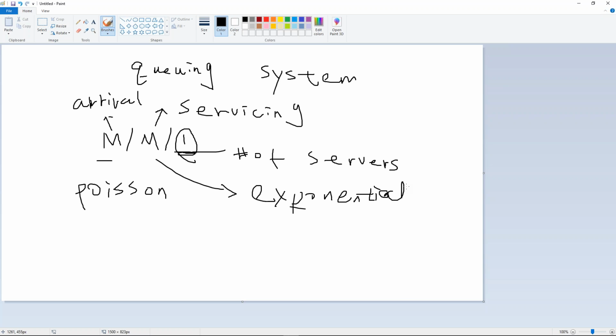And if we want to model this system, the question becomes, let's think about the number of customers in the system. Suppose we use the number of customers in the system to be the state.